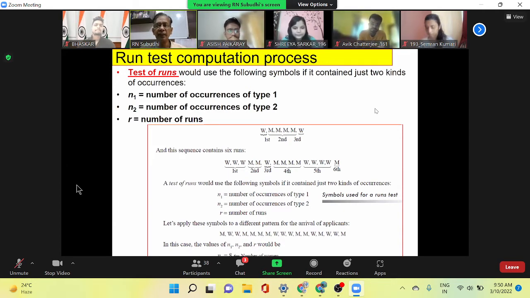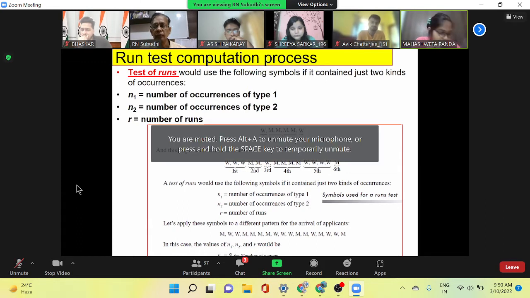All of you participate, and please write down in a notebook: small r stands for number of runs in a sequence. In the last question, where r equals 9, how did we decide the sequence there?